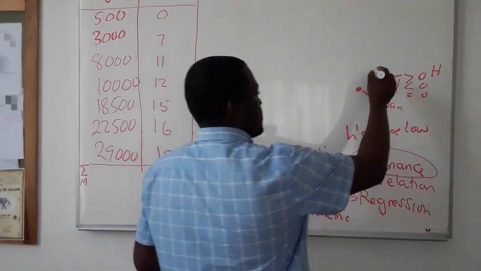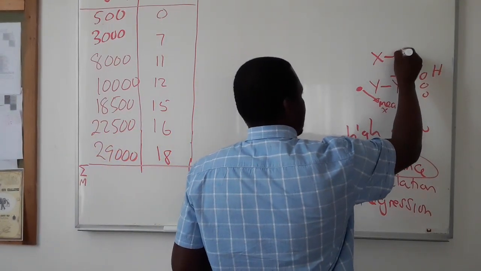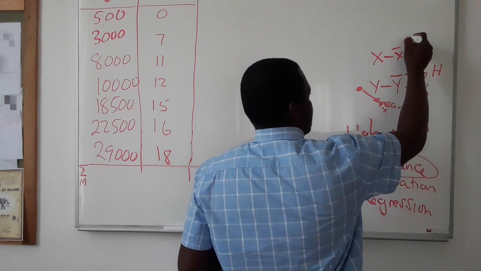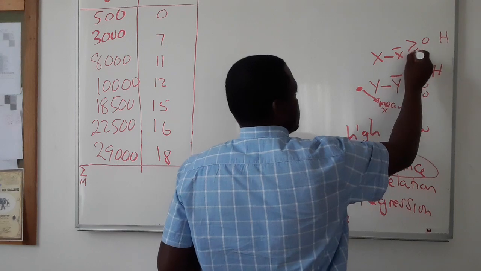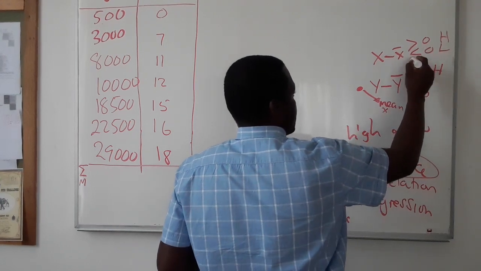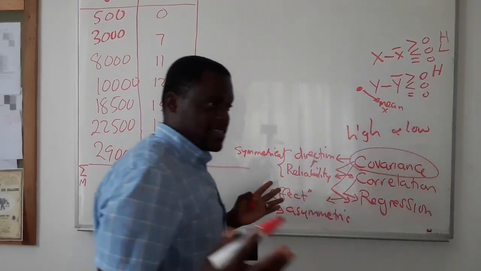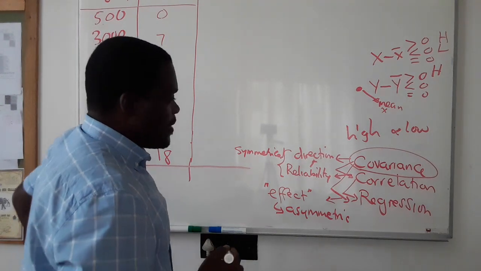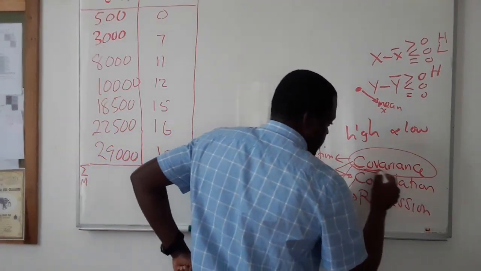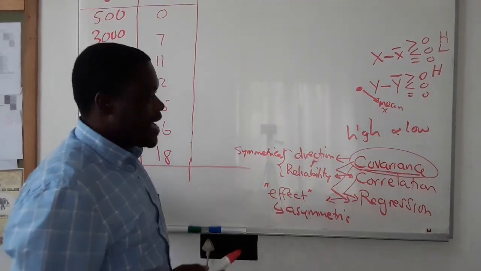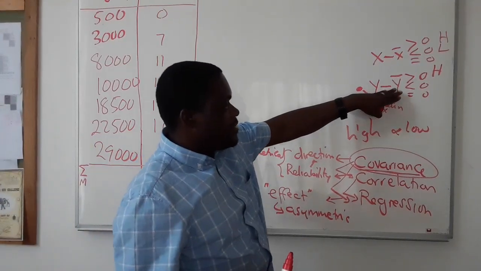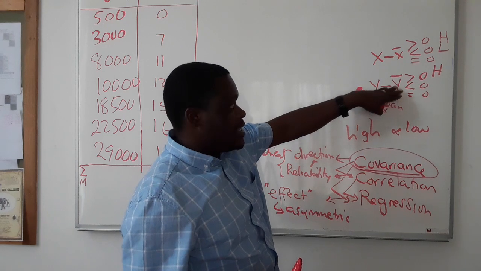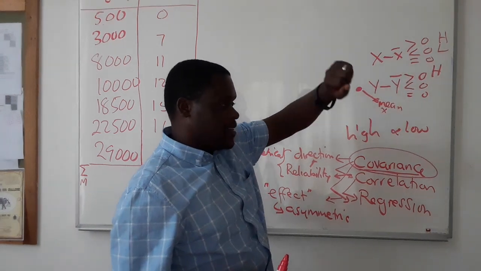So we do the same for x. We also find x minus x bar, and we will find that it might be greater than 0, which is a high value, less than 0, which is a low value, or equal to 0, which means it's equal to its mean. But for us to talk about covariance, we are actually looking at the product of the deviation of y from its mean and the deviation of x from its mean.